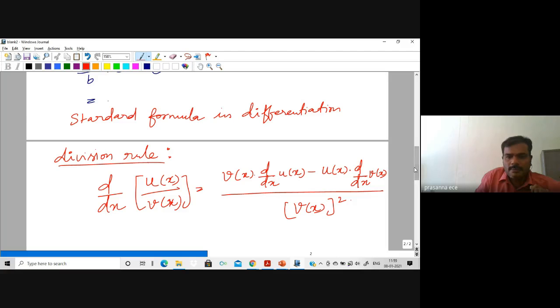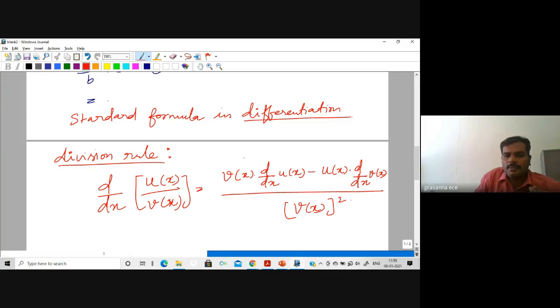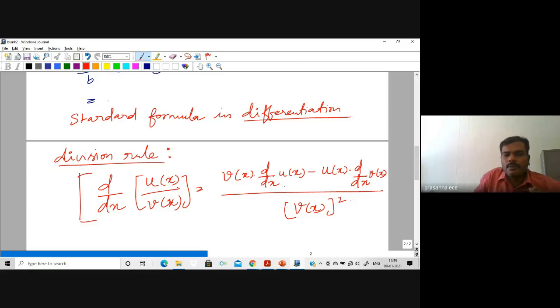This is a standard formula in differentiation, that is differential calculus. This you have to remember. That same formula I am applying here.